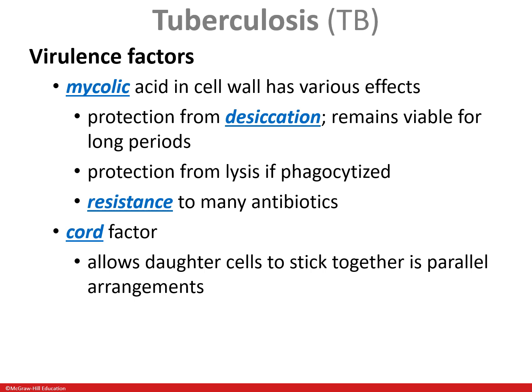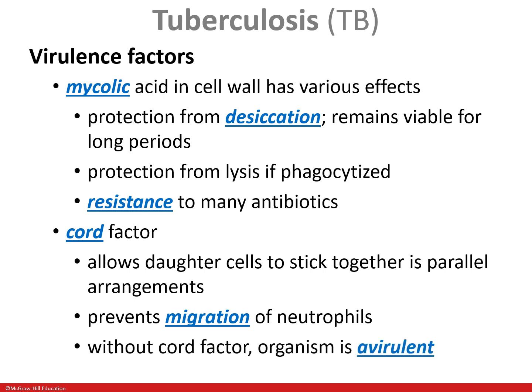When they stick together, they basically create a cord, a barrier that neutrophils, if they were to show up in the lungs and try to help with this bacterial infection, can't migrate through the infected tissue because of this cord factor. In fact, we know that strains of tuberculosis that are unable to make the cord factor are actually avirulent, and that's one reason why some people's immune system can keep them in check and others can't. It partly depends on the strain that you're exposed to.